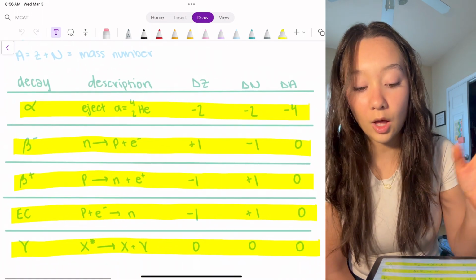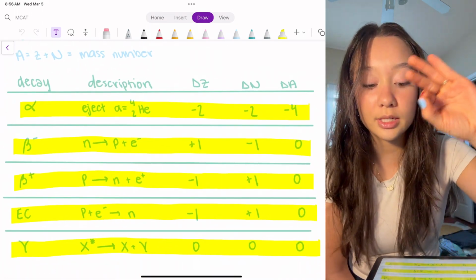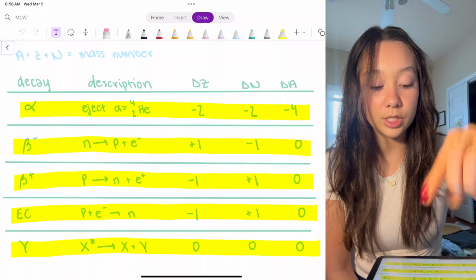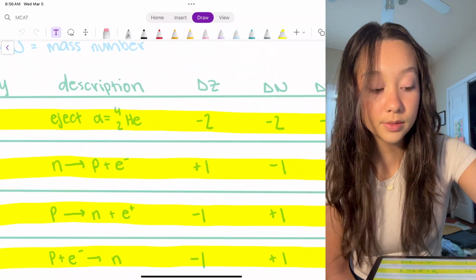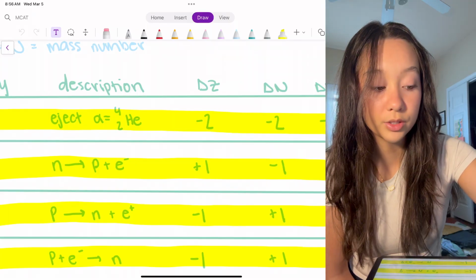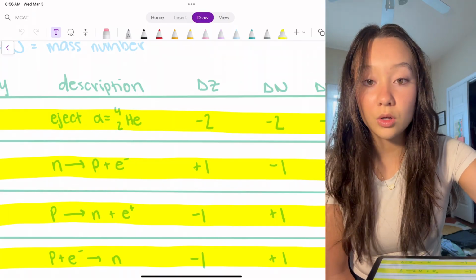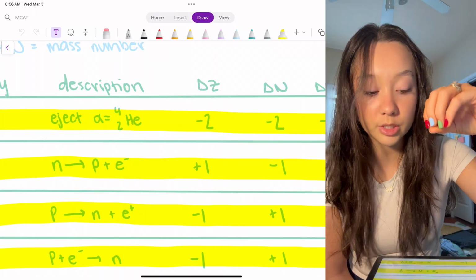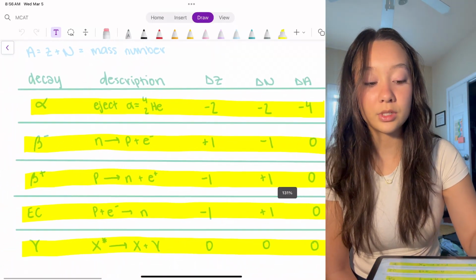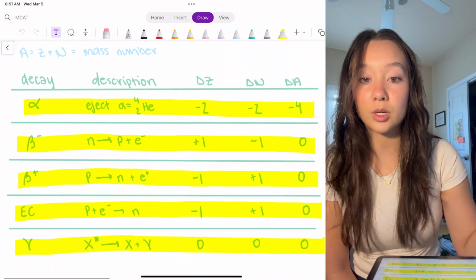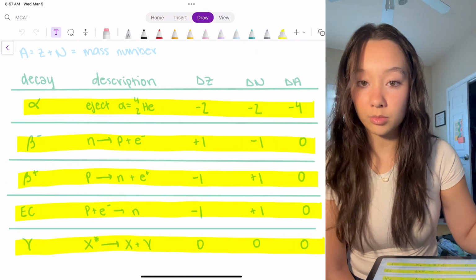So alpha decay, we eject an alpha particle. That means you lose 2 protons and you lose 2 neutrons, and so overall your mass number is going to decrease by 4. The easiest way to tell that something is an alpha decay is if the proton number goes down by 2, which makes it a completely new atom.